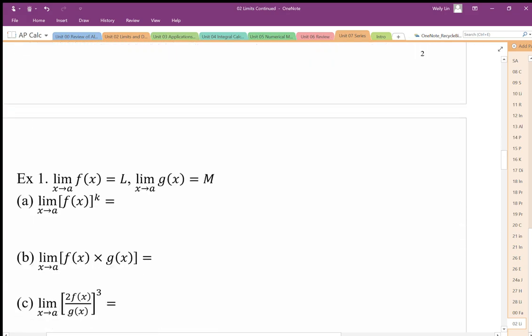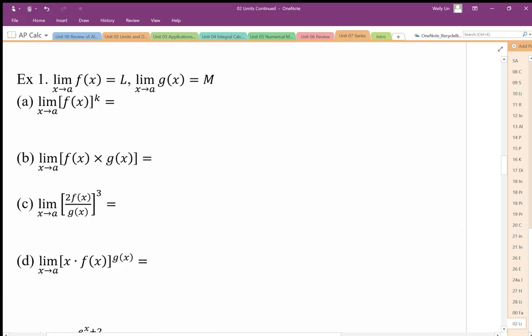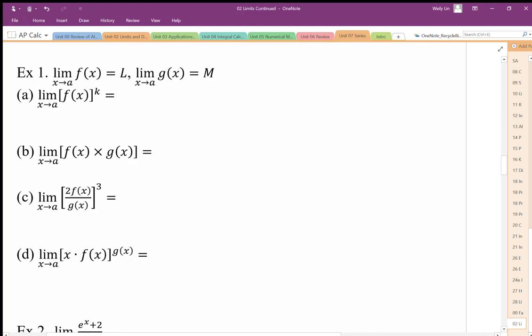I've defined two limits here: the limit of f of x as x goes to a equals L, and the limit of g of x as x goes to a equals m. If I have this power here, I can apply the limit to the base, the limit as x goes to a of f of x, first and then apply the power k.